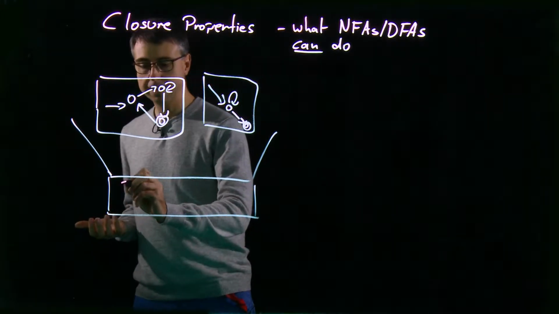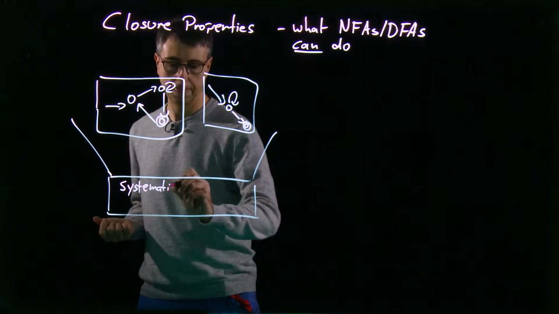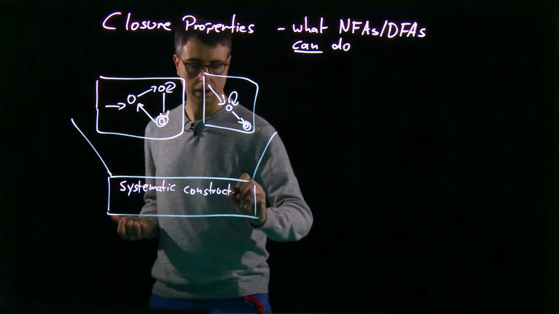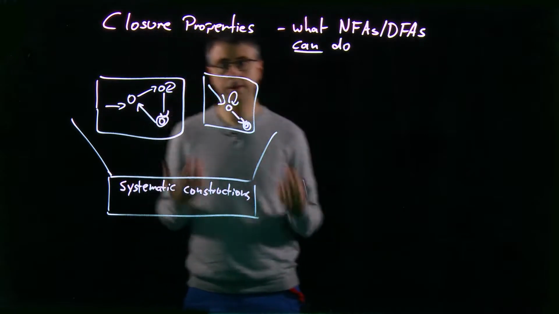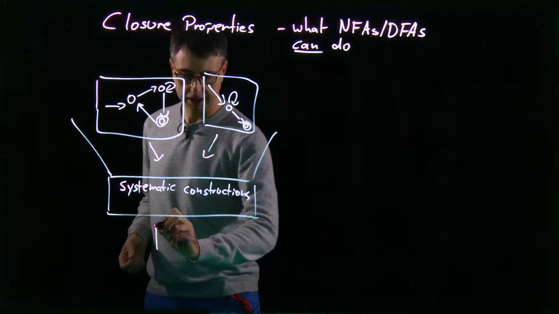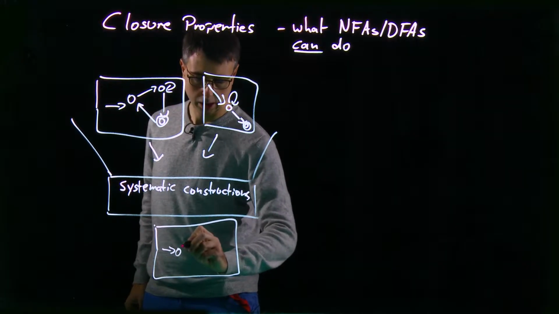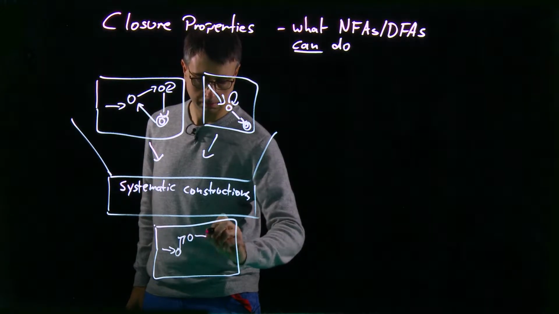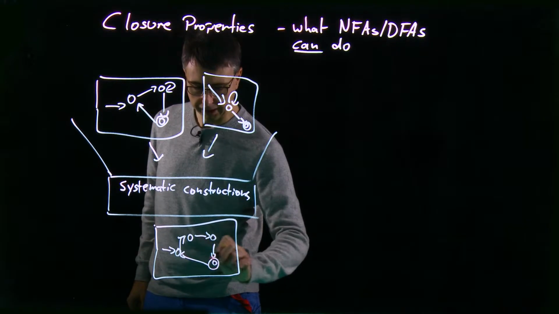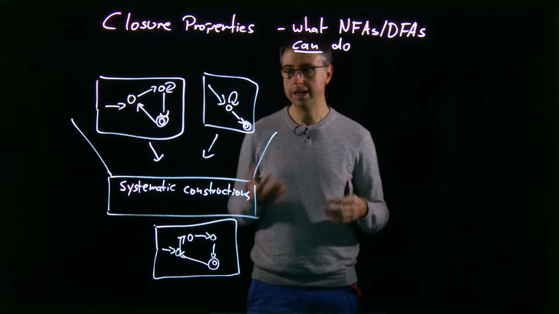We want to devise systematic constructions and these systematic constructions should yield new automata. So the result should be another automaton, like this one maybe. That's the idea.